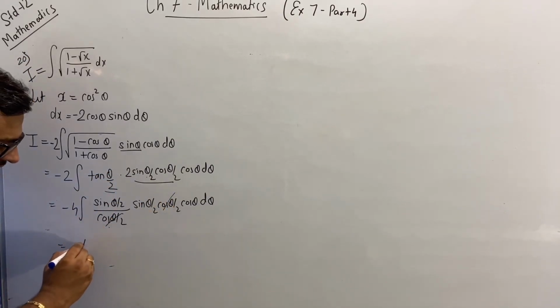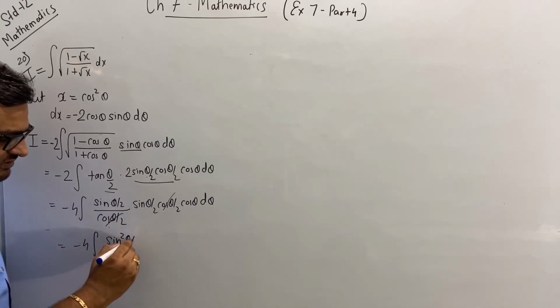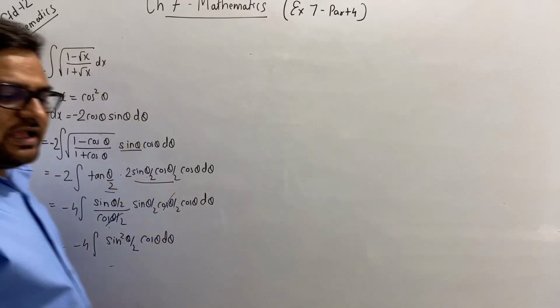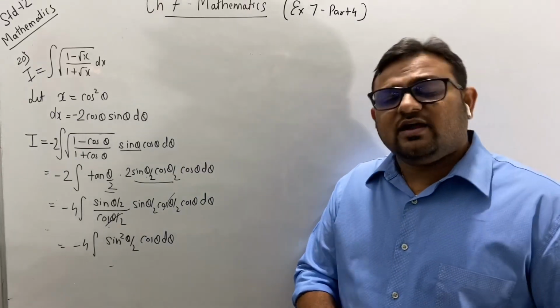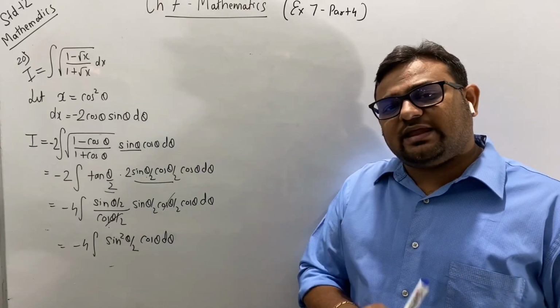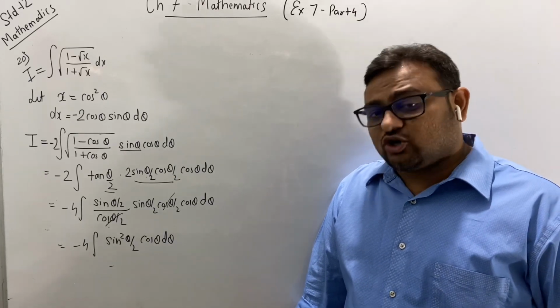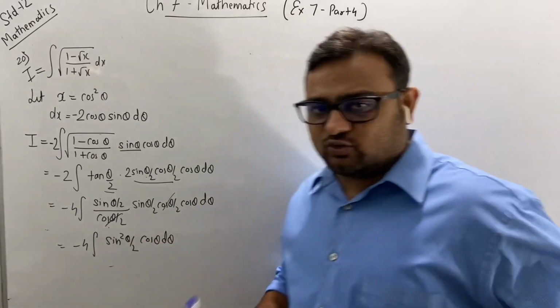So now this will be minus 4 sine theta by 2 into sine theta by 2, sine square theta by 2 cos theta d theta. Now I got sine square theta by 2. Now we know whenever there is sine square, we convert it into cos, meaning 1 minus cos 2 theta by 2. Here it's theta by 2, so 1 minus cos theta by 2.